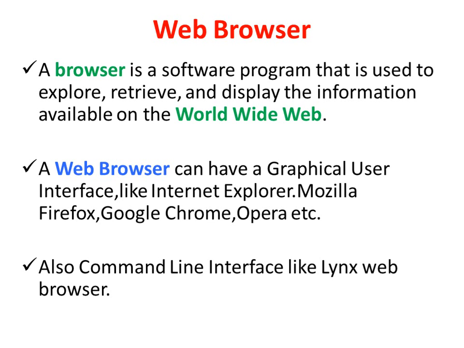A web browser can have a graphical user interface, that is GUI, like Internet Explorer, Mozilla Firefox, Google Chrome, Opera, etc. And there are also web browsers with a command line interface, that is CUI, like Lynx web browser. GUI interface web browser and CUI interface web browser. This is a web browser.